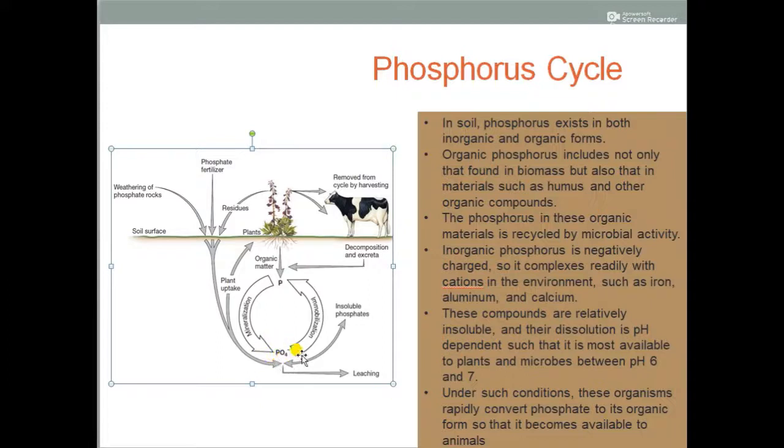But if the phosphate has to be taken up into the plant, it has to be in soluble form, only then can the roots imbibe it and take it inside. For that, the action of microbes is needed, which convert the insoluble phosphates into soluble phosphates, and by the process of immobilization the soluble inorganic phosphates are converted into organic phosphates. And thus this is the phosphorus cycle.